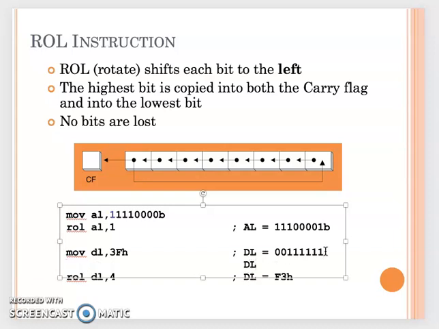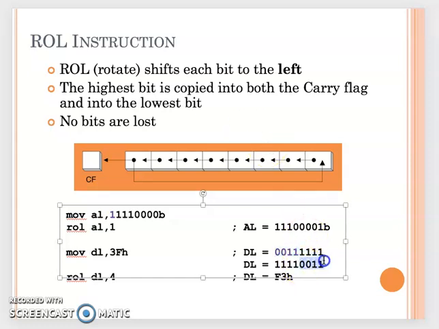Because we rotate by 4, the first 4 will rotate to the left, so they go to the end. The last 4 go to the front, and the beginning 4 go to the back.